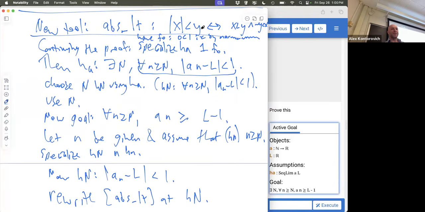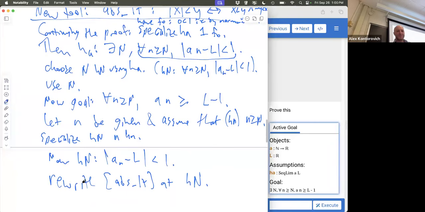Do I have an absolute value less than y? It finds an absolute value and a less than sign. So this thing is going to be x and 1 is going to be y. And the new Hn will be what? a_n minus L less than 1 or negative 1 is less than a_n minus L. It's not an or, because to be within L in absolute value, you have to be sandwiched between L minus epsilon and L plus epsilon.